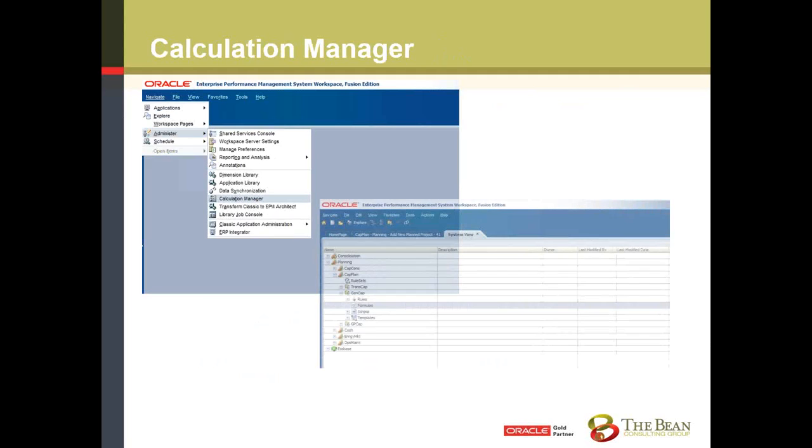So how do you access Calculation Manager? Once you've navigated into the workspace, you go to Administer, Calc Manager, which brings up the Calculation Manager tab within your workspace. Then you can drill down into your planning applications and get down to the calculations, rules, scripts, templates, formulas, all that stuff that you might have down there.